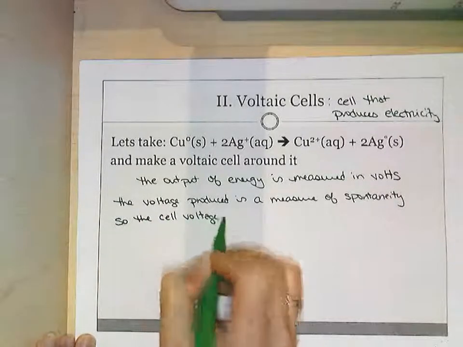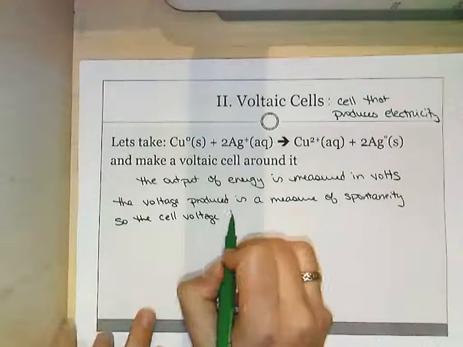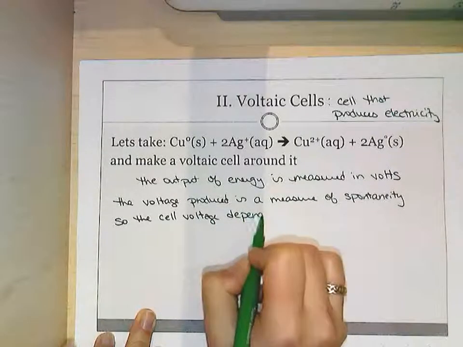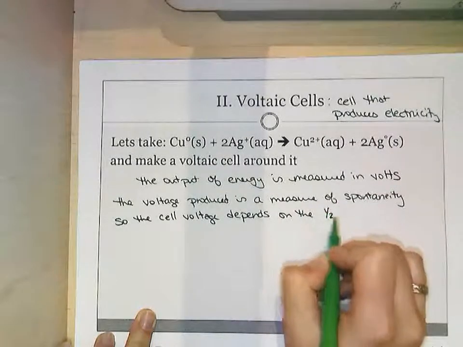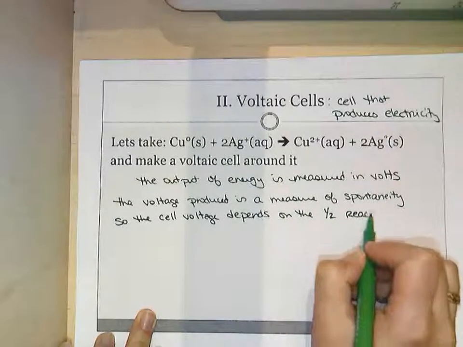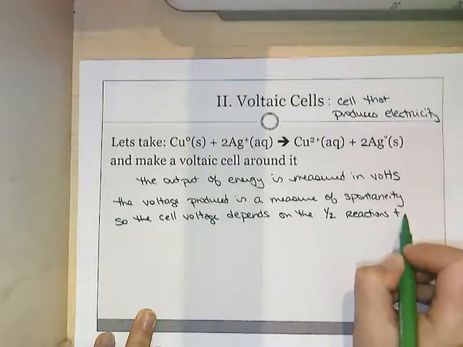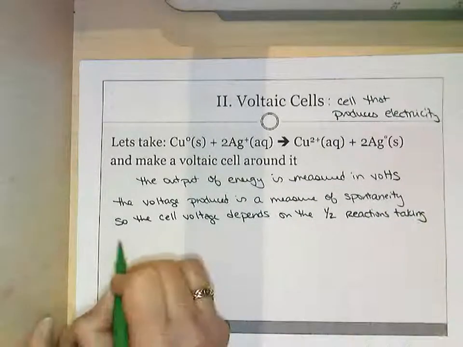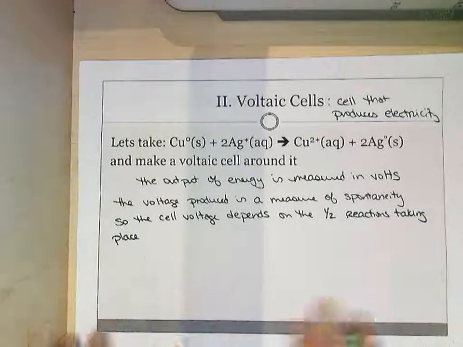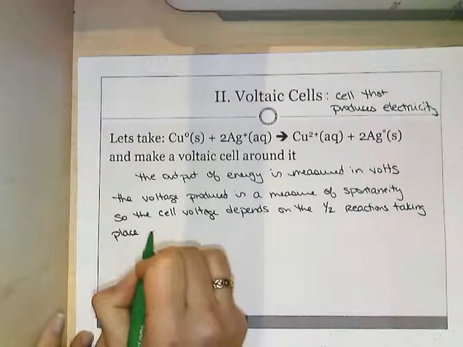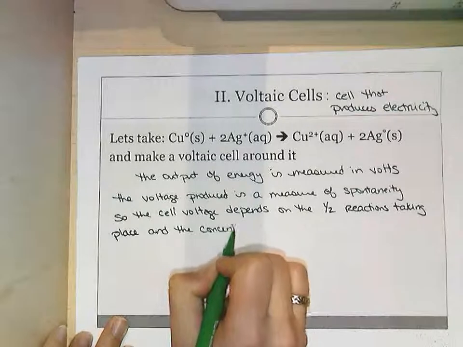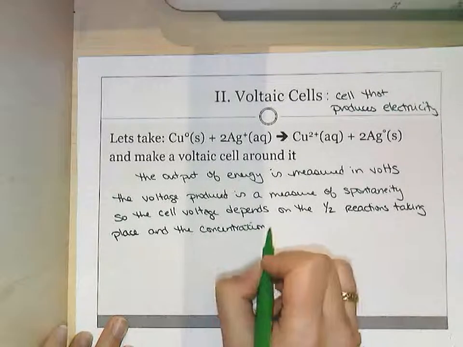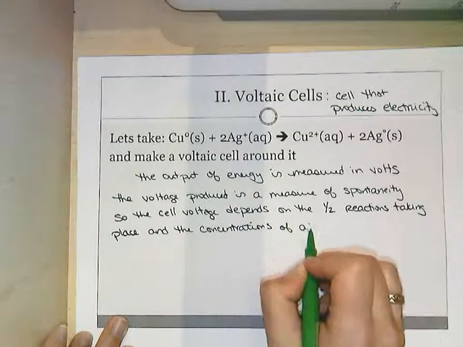So the cell voltage depends on the half reactions taking place and the concentrations of all the species in solution.